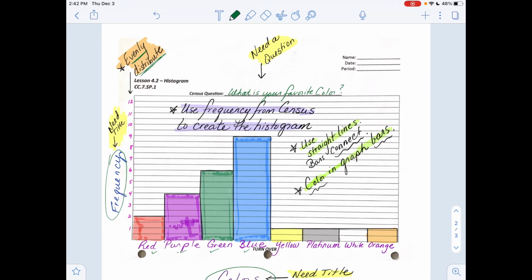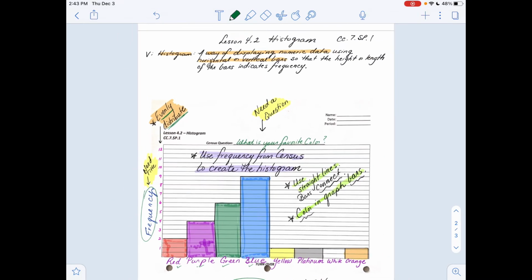Then, using straight lines and outlining in black, I'm going to create those bars. And notice, bars connect in a histogram. In a bar graph, they're usually separated. Histograms, they normally touch each other. But histograms and bar graphs are very similar.